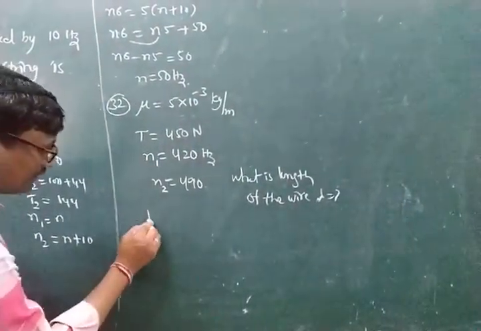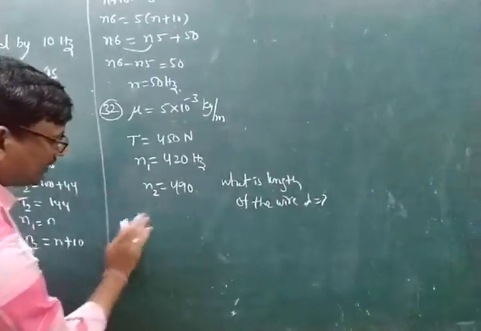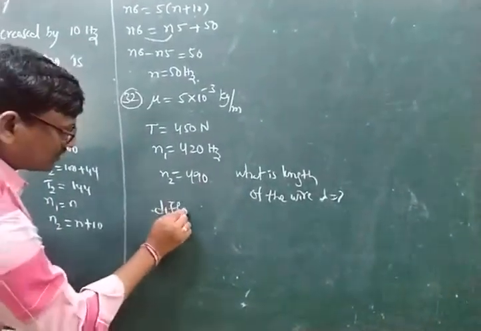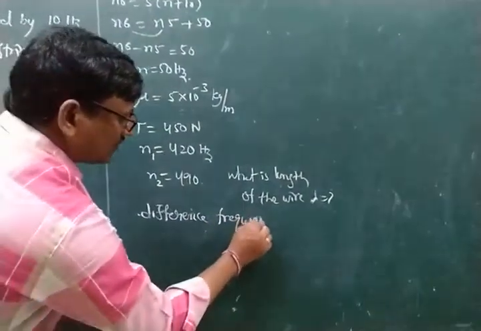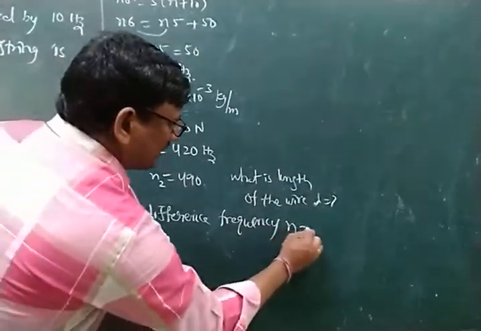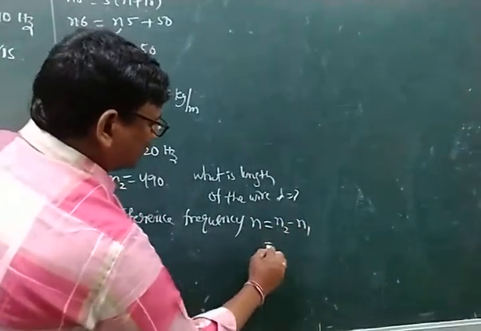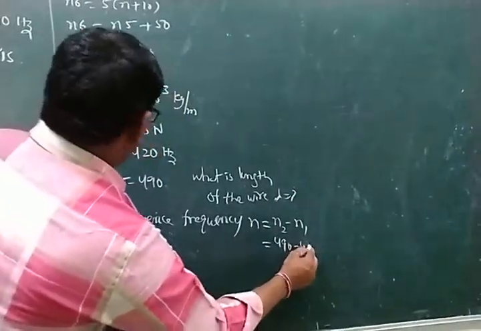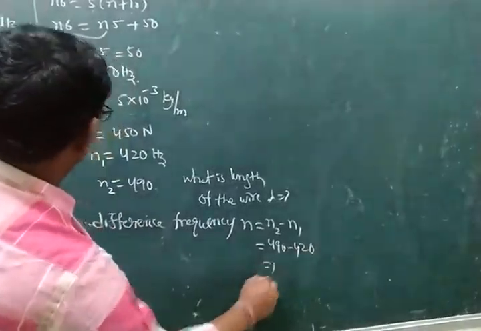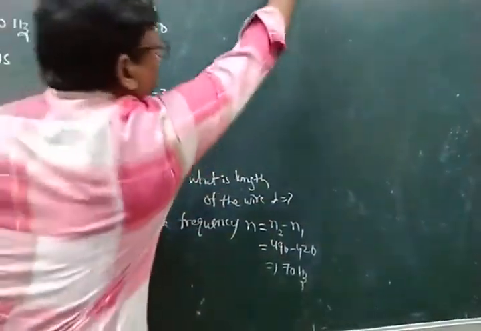Then the difference in frequency, delta n, is equal to n2 minus n1. That is equal to 490 minus 420. How much is that? 70 hertz.